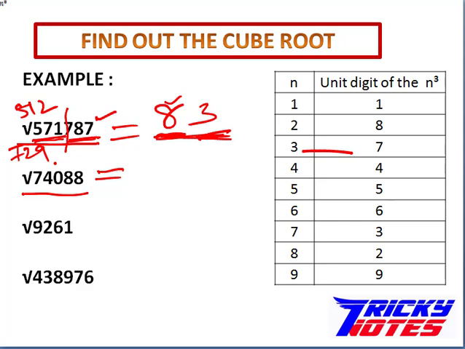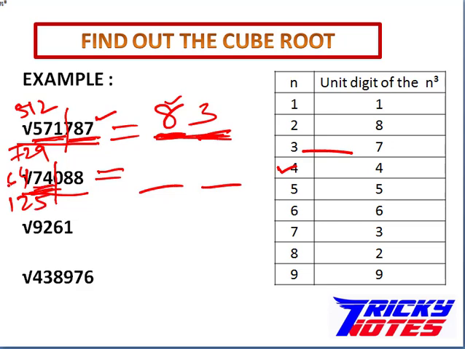74088. As I told you, we will take this. 088 will be one side, 74 will be another side. So now tell me, what is the first digit? We will have two digits here. Think for a while. The first digit would be, see, the cube of 4 is 64. The cube of 5 is 125.